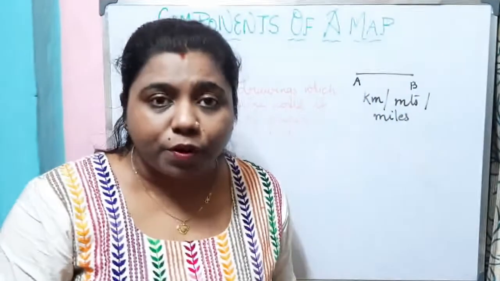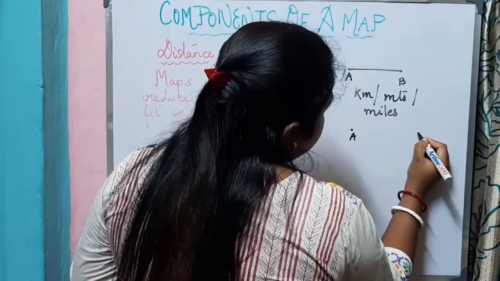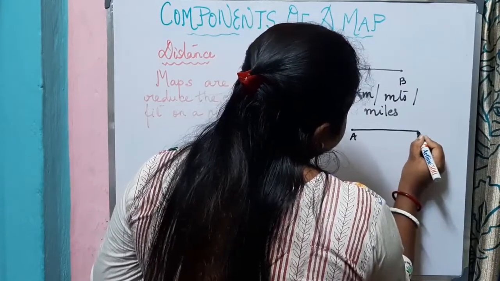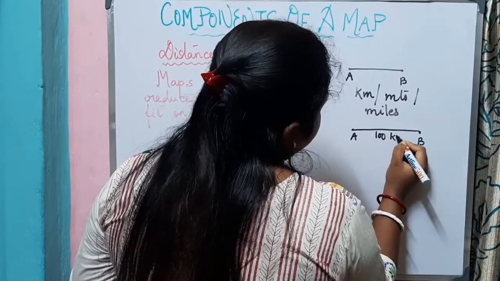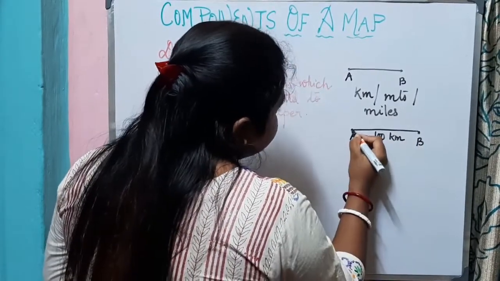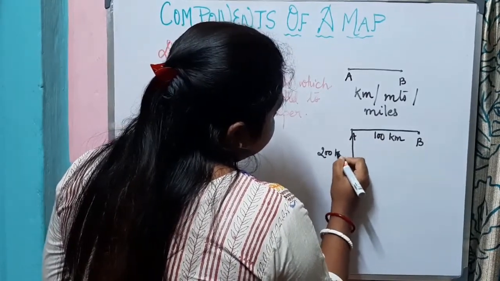That means suppose there are two places, A and B, and the actual distance on the ground between these two places is 100 kilometers. There is another place, C, and the distance between A and C is 200 kilometers.